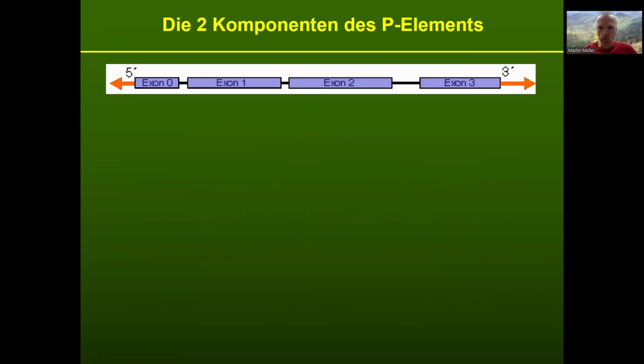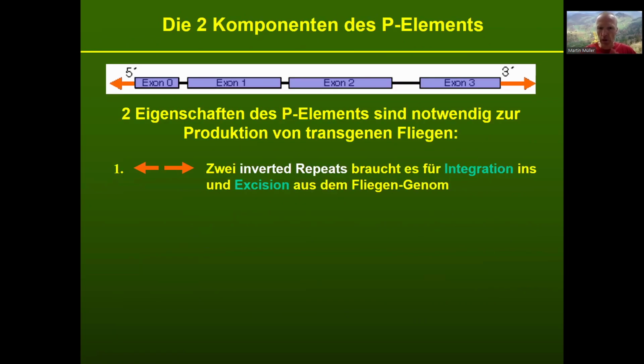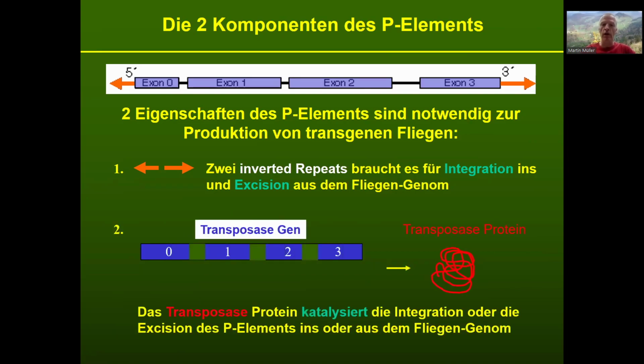Okay. Again, the two important components of the P element: the inverted repeats, which are required for the integration or also for the excision out of the genome, and the transposase gene, which makes a protein that interacts with these inverted repeats here and catalyzes integration or excision of the transposon.